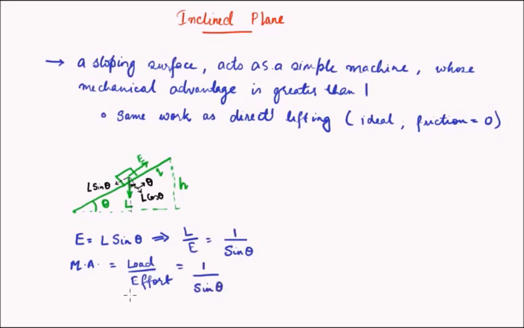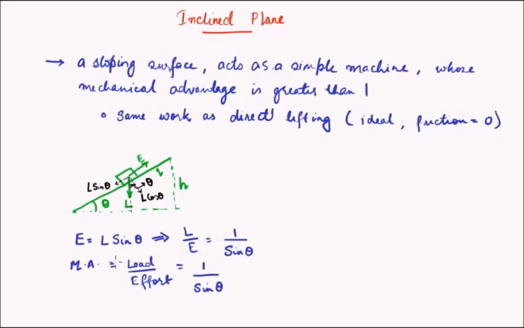Clearly we see that the mechanical advantage has to be always greater than or equal to 1. Why so? That is so because sine theta has a maximum value of 1. When sine theta is 1, then mechanical advantage is 1. When sine theta is any value less than 1, then the mechanical advantage becomes greater than 1.